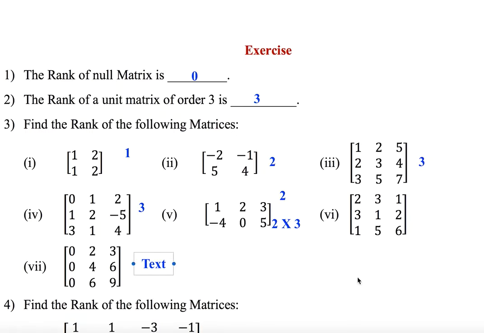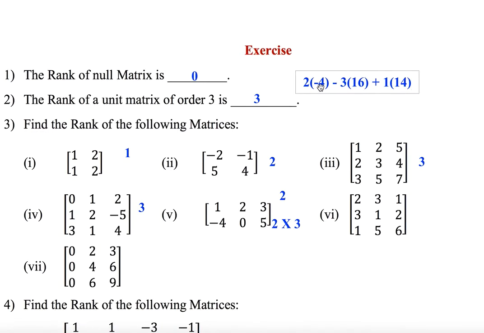First we will look at the determinant. 2 into 6 minus 10 means minus 4, minus 3 into 18 minus 2, which is 16, plus 1 into 15 minus 1, which is 14.